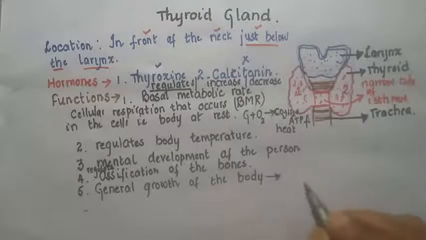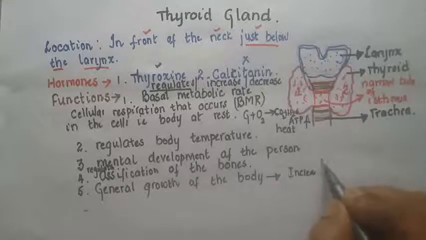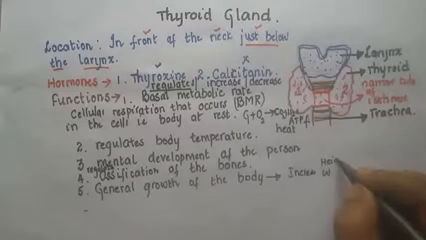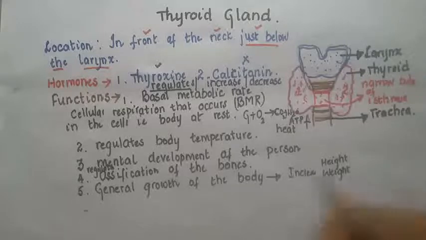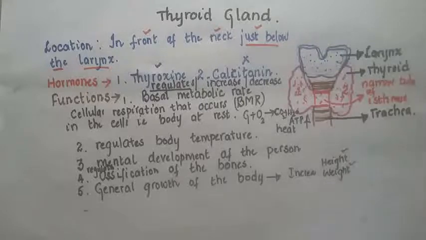It refers to an increase in height, an increase in weight, or an increase in the number of cells. So it refers to an increase in the height of the body, an increase in the weight of the body, or elongation of the bones, right? It refers to the growth of the entire body, referring to height and weight. So these are the different functions of thyroxine.